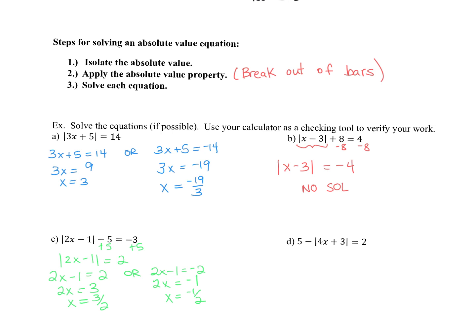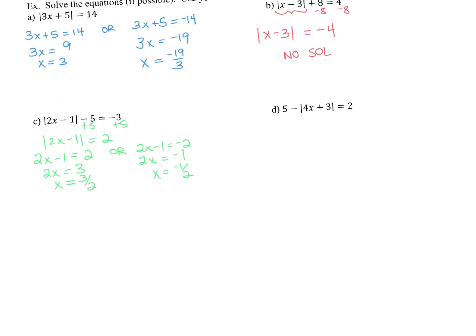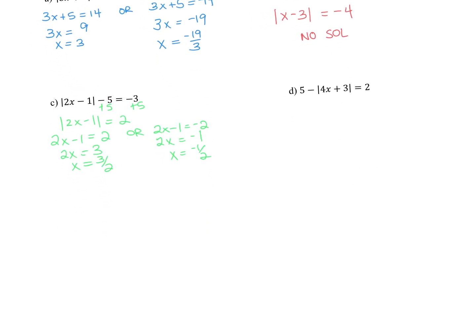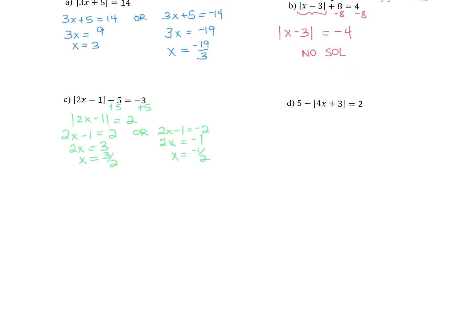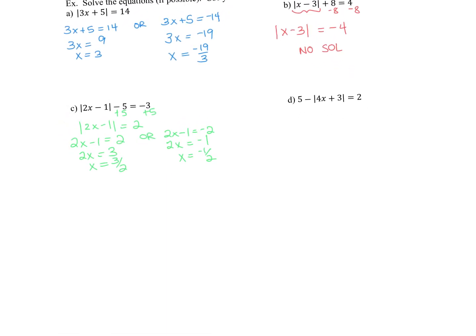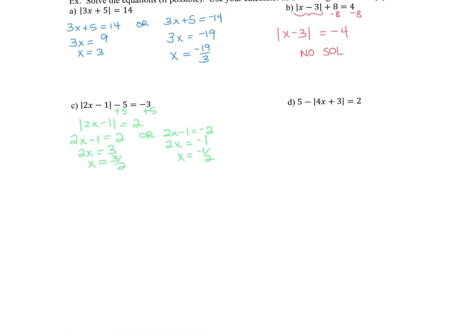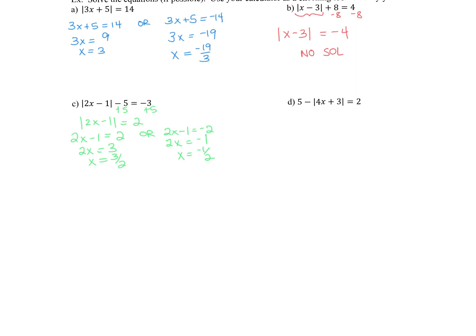For this last example, it looks a little different. Let me see if I can straighten this out. Okay, so we've got 5 minus the absolute value of 4x plus 3 equals 2. And we need to make sure that this is by itself. So I'm first going to just rewrite this.